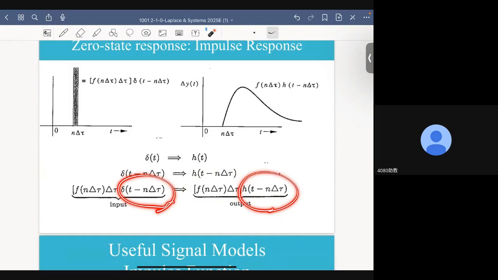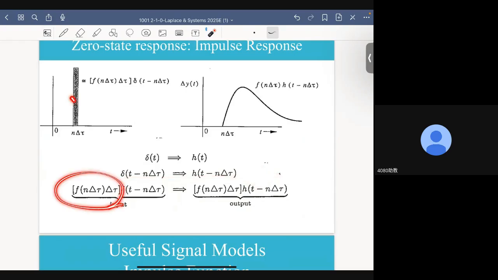The only difference to go from here to here is the input times the area of this rectangle. And since this is a linear system, the property of additivity, or let's jump directly to the principle of superposition, is applicable. Therefore, I'm 100% sure this will be the resulting output, all right?